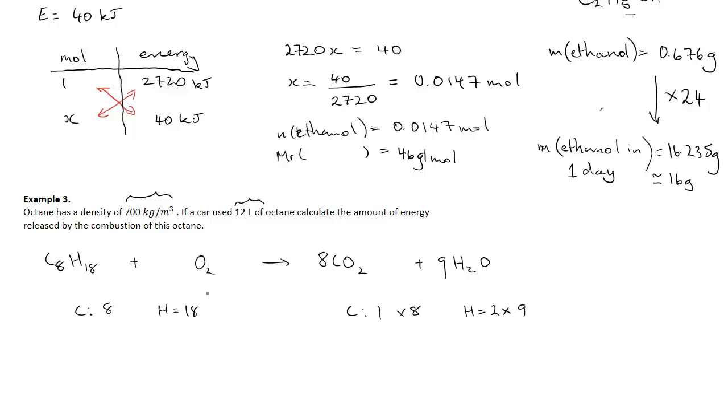And finally we're left with the oxygens, and the oxygens are probably going to be the most annoying to balance, so I'm just going to write this out. So oxygen is 2 on that side, and there are 2 times by 8, so 16 oxygens on that side, and plus 9 oxygens from the water, and that gives us 25 oxygens.